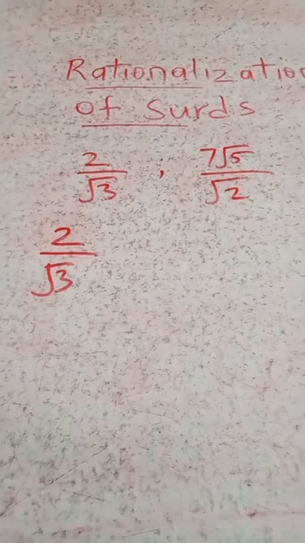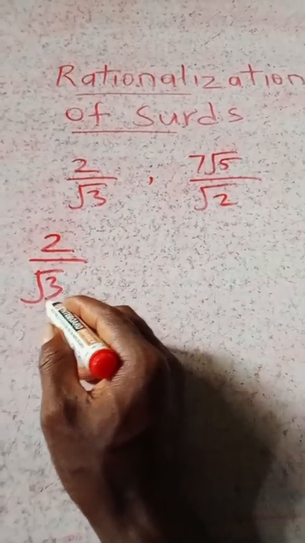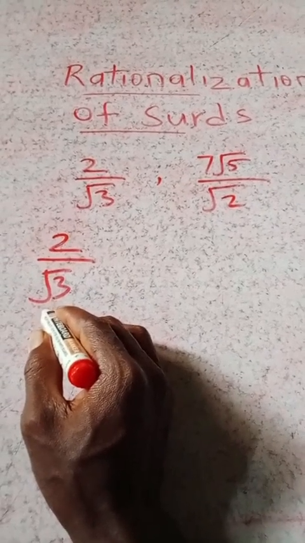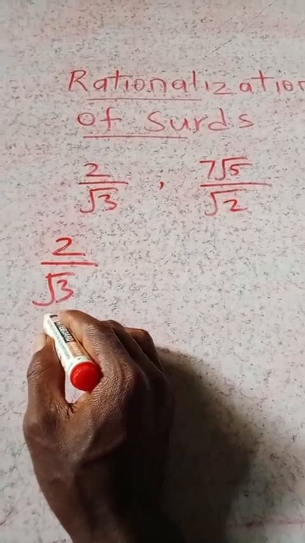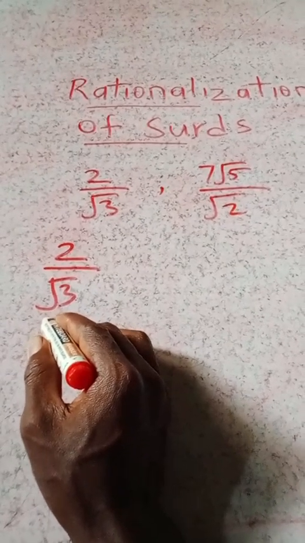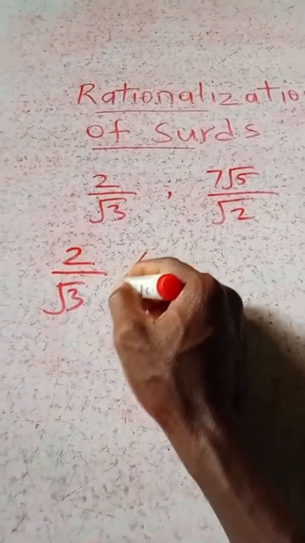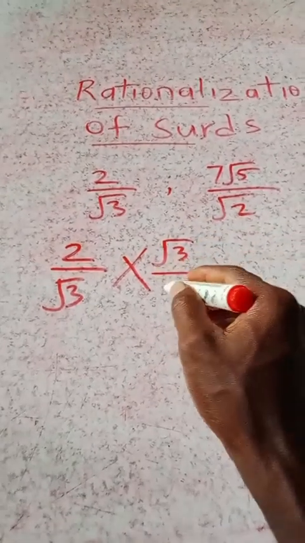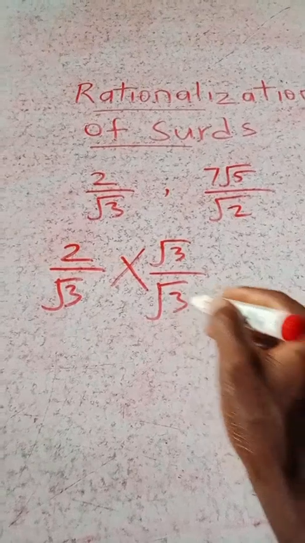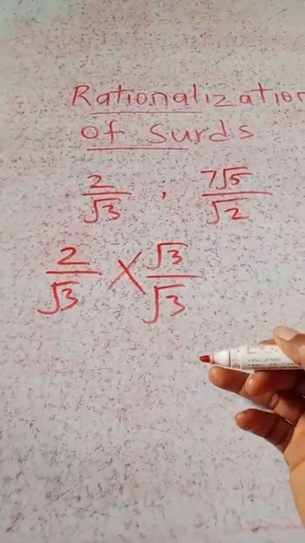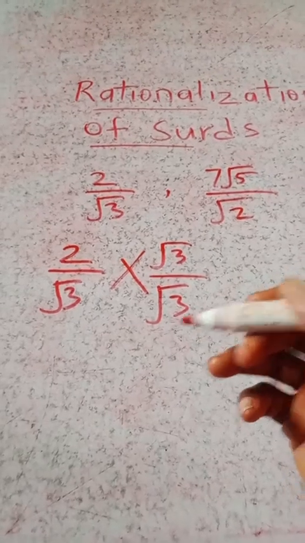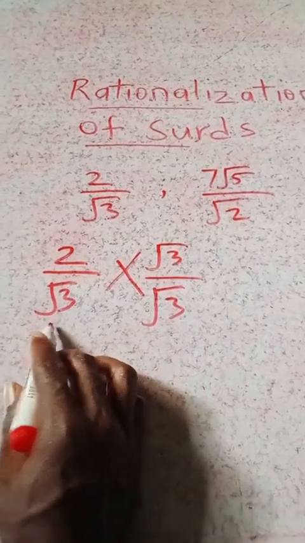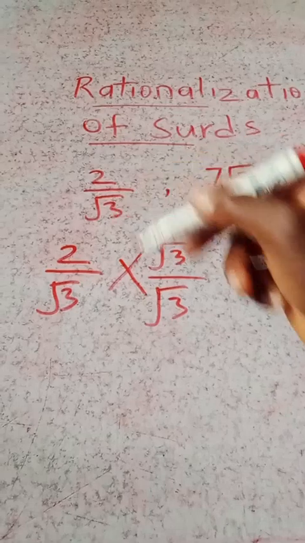I gave a condition: the denominator has to be with root before you rationalize. So if you use this denominator with root to multiply the numerator and also the denominator, this process is called rationalization.